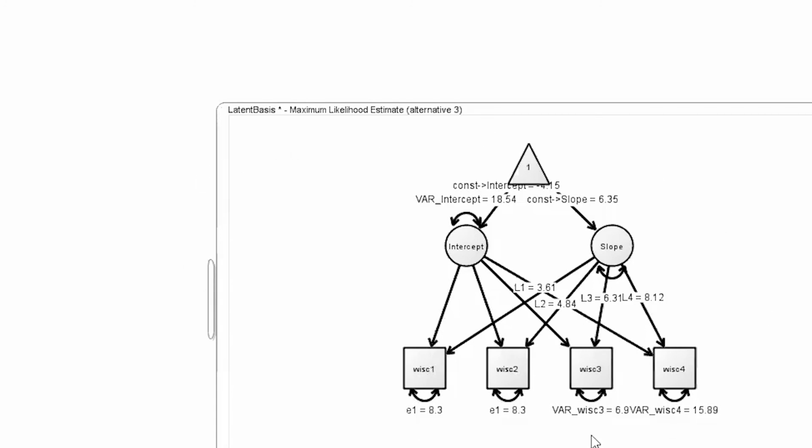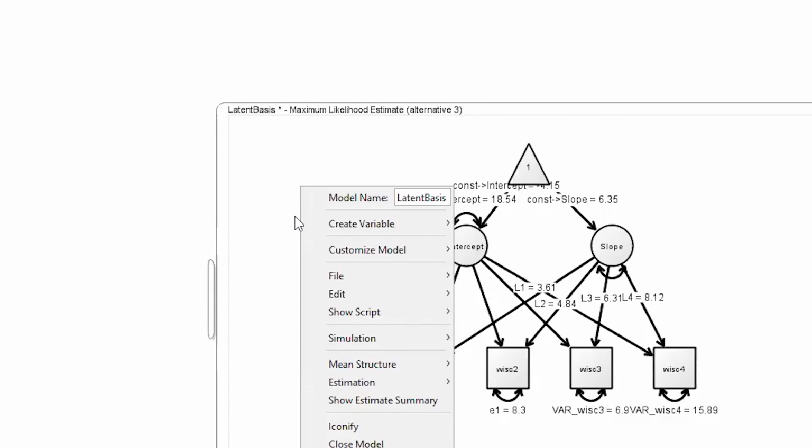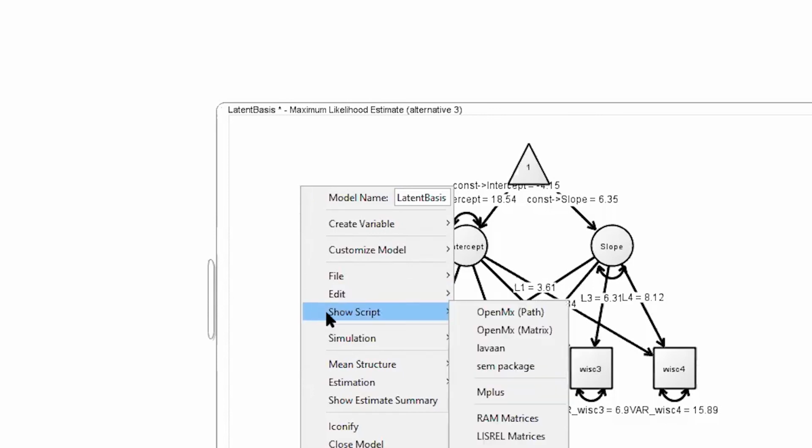What I'm doing, though, is I want to use the Onyx diagram to generate for me lavaan code. So I come down here and I say show script, and I arrow down here to lavaan.